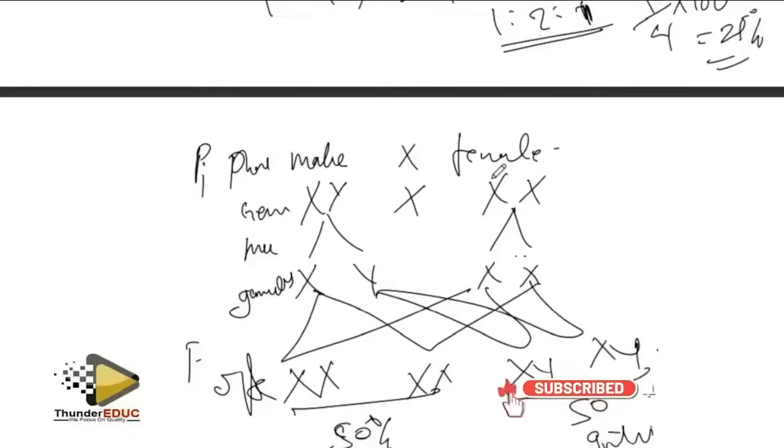The individual will be a female. If a male sperm having Y fertilizes the ovum, remember ovum is always X, the individual will be XY, and therefore will be a male. There is a 50% chance of having a male and a 50% chance of having a female. That's how you can describe sex linked.